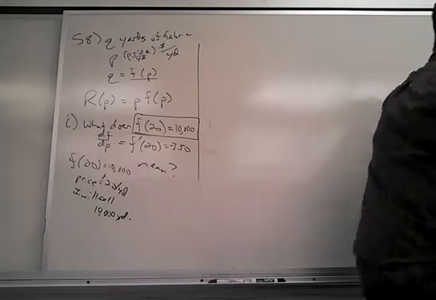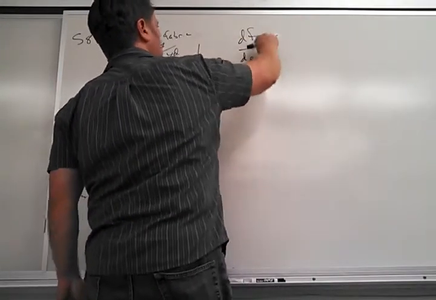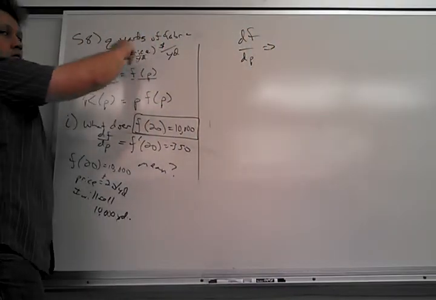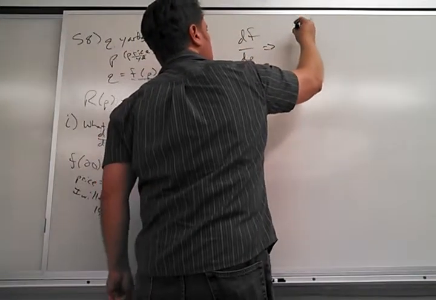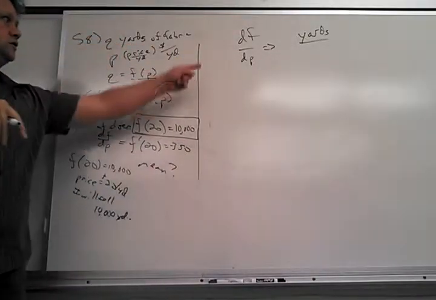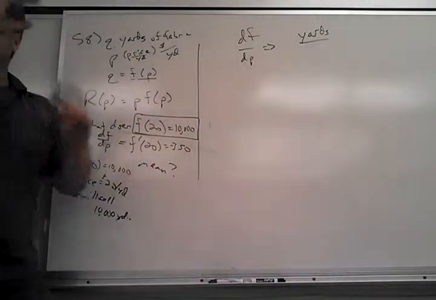Here's why Leibniz notation is so useful. For df dp, you told me what units f is in. F is q, and q is yards. So that's the change in yards. And of course, what units is price in? Dollars.